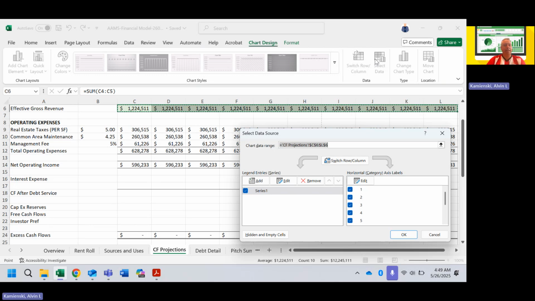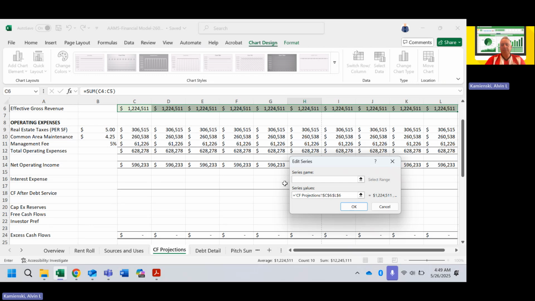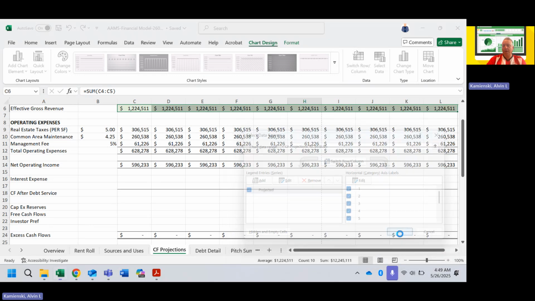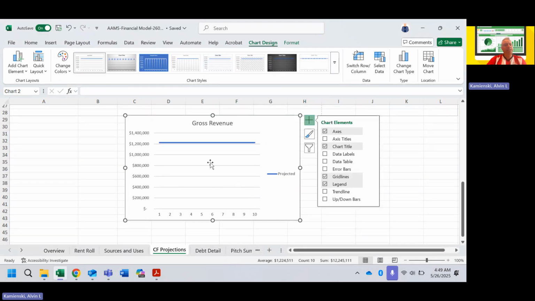Chart design, select data. And do you see the series number 1? Highlight it, click edit. For the series name, type the word projected. And click OK twice so that the graph should say my values in blue are what are projected.